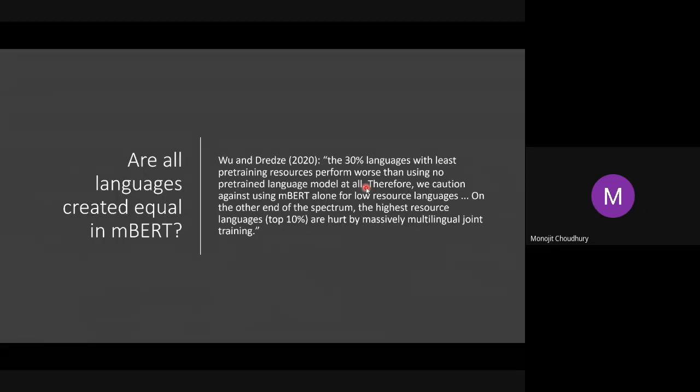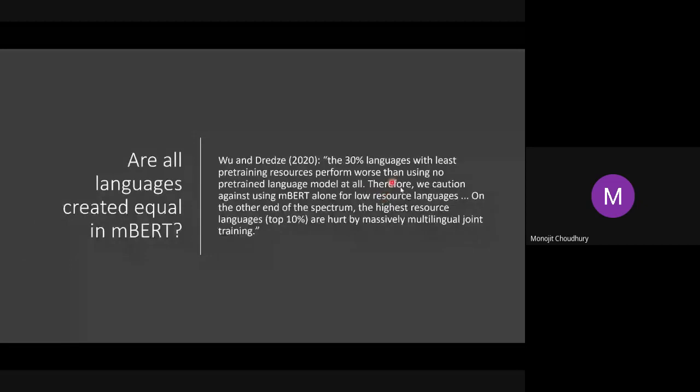They will fall in the 30% of the least pre-training resource languages. For these languages, it's much better to build a rule-based system than using a pre-trained model, because with a rule-based system you can get much higher accuracy. Or with a little bit of label data, if you train a system from scratch, decision tree or SVMs or whatever, you will probably get better accuracy than using pre-trained language models.